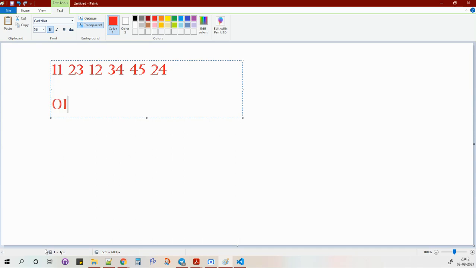Let's take smaller values: 0, 1, 0, 2... I messed up, let me change it: 0, 3, 2, 4, 5, 6, like this.